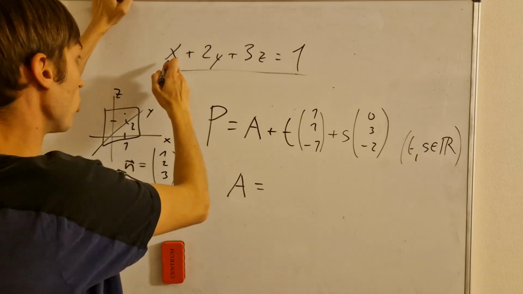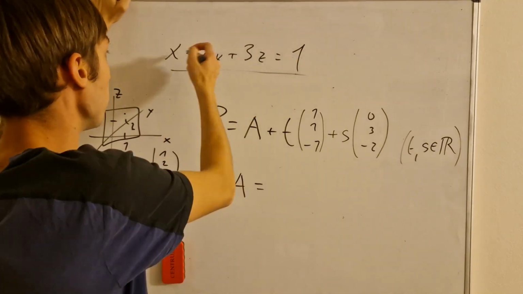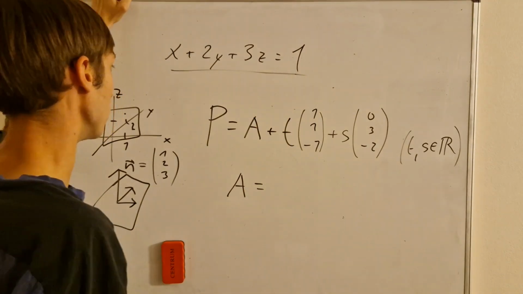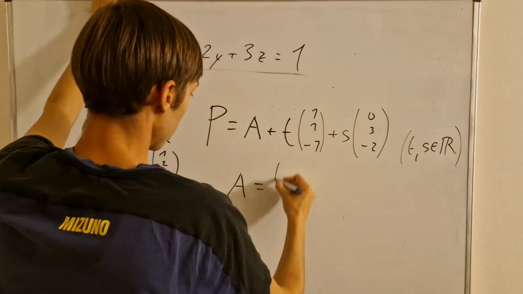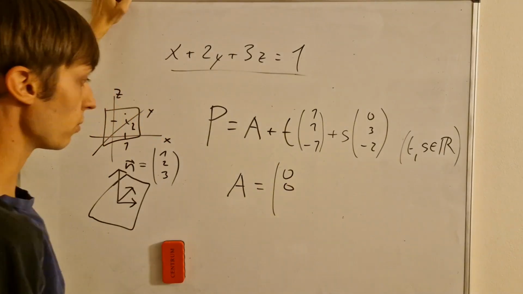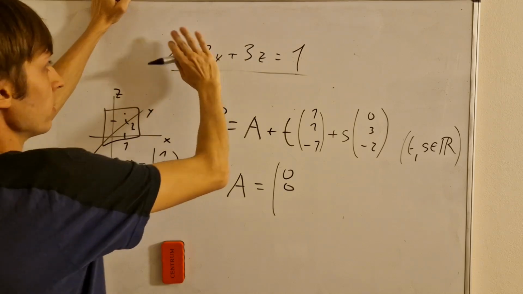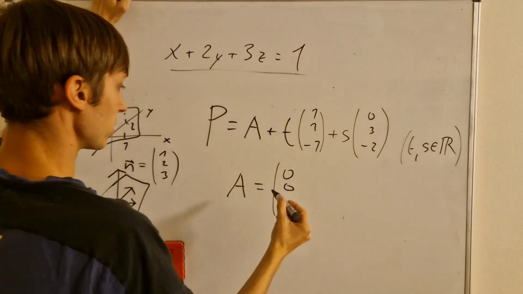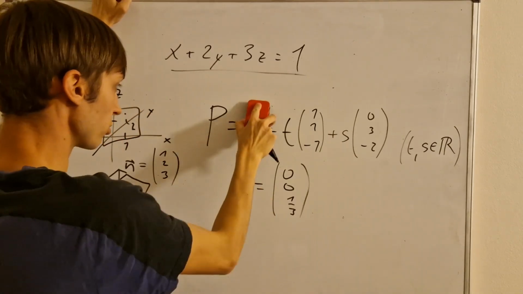I mean, I can put 1 and 2 and get that fraction for z. Or I can plug in 0 and 0, for example. That's probably quite fast to do. So if x and y are 0, these are x and y coordinates, 0, 0, then the equation becomes 3z equals 1, so z is 1/3. So I got A, and then I can put it here. So 0, 0, 1/3.